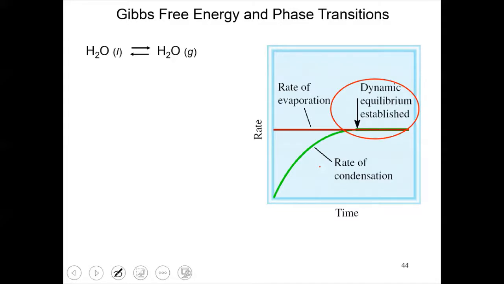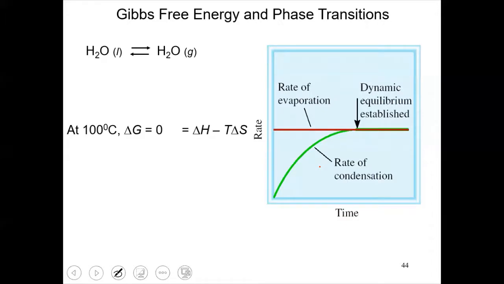Now, equilibrium in terms of free energy change has a specific value, right? Since the boiling of water, the equilibrium of liquid and gas water, happens at 100 degrees Celsius, at that temperature the system is at equilibrium and therefore delta G equals zero, right? We said that at equilibrium delta G equals zero, and the boiling point represents a system in equilibrium.